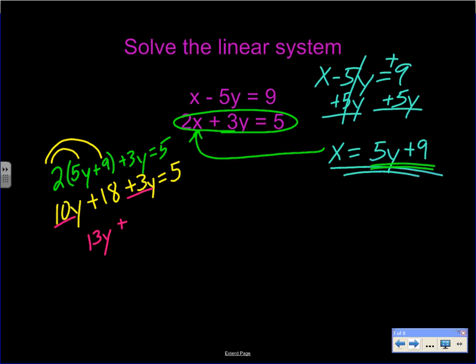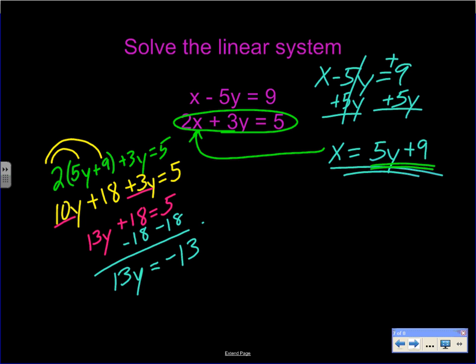We just drop down that positive 18, and we drop down the 5. Trying to get y by itself, subtract 18. So 13y is equal to negative 13.